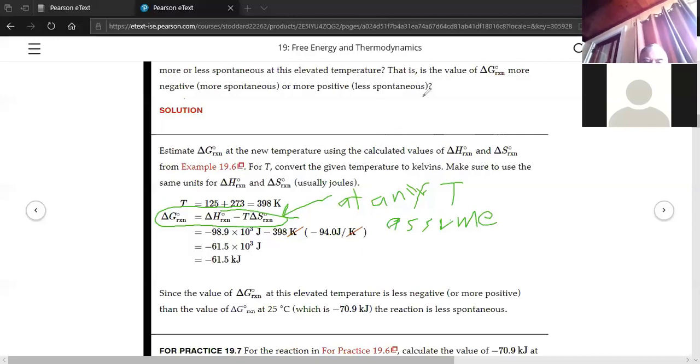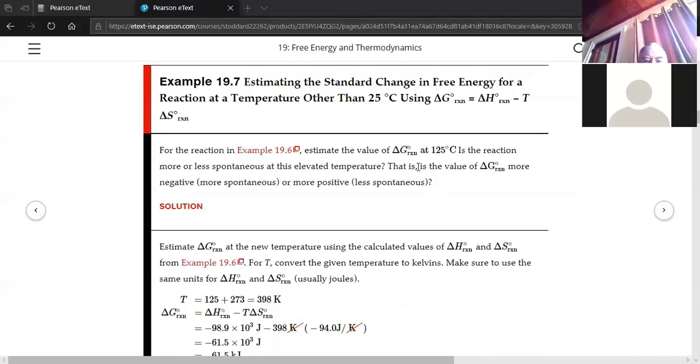Now, in this particular example, let's see what they did. Did they give you those values or not? No. See, they're doing the same thing. They're doing an estimation. That's why it says estimate the value of delta G at 125. So 125 certainly isn't 25. It's much higher than that. But that assumption, that's valid as long as you're not too far away from 25 degrees. So certainly within plus or minus 100 degrees of that. That would be.